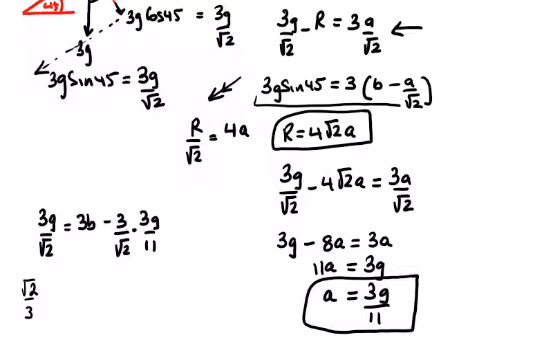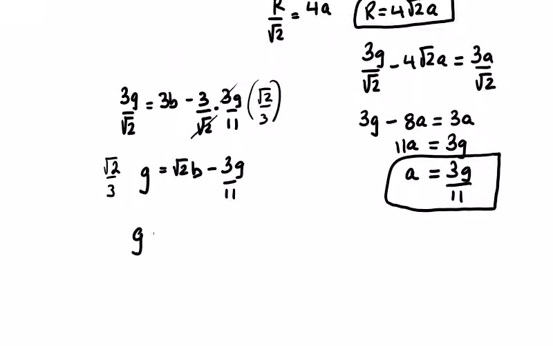So the first one's going to become just g. That's going to be equal to root 2 b minus, you imagine, a root 2 over 3 here. This one will cancel with one of the 3, so we're going to get minus 3g over 11.